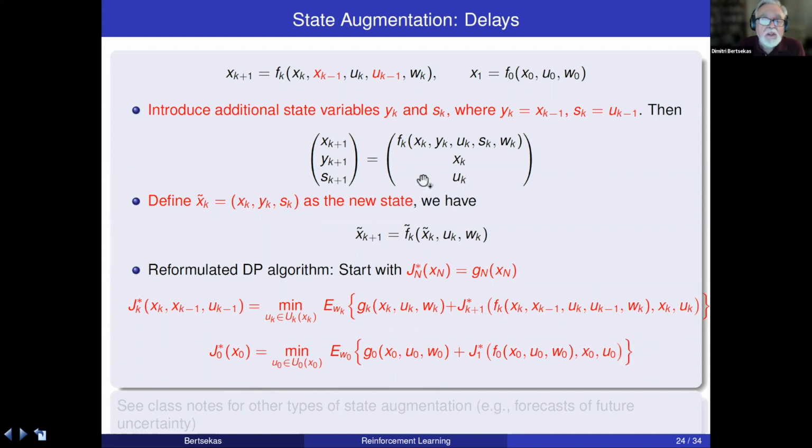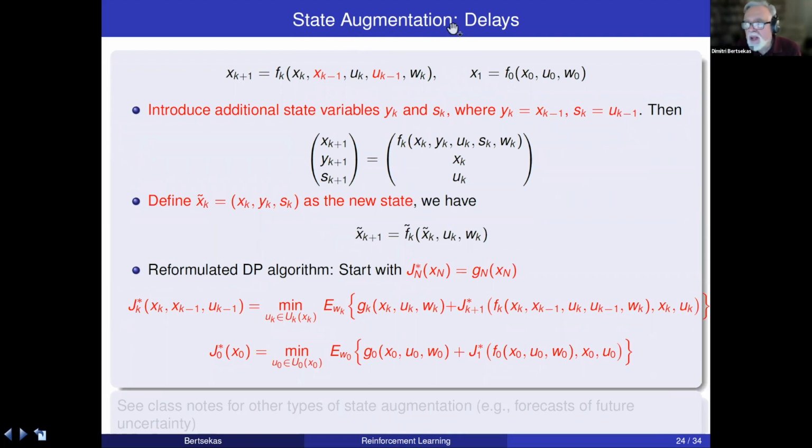So it's possible to do it, but the size of the state space has increased, and so have the computations of the dynamic programming algorithm. And this is generally true with this state augmentation technique. It can model just about everything. You just introduce additional state variables according to the rationale of what is useful information to know at the current time.